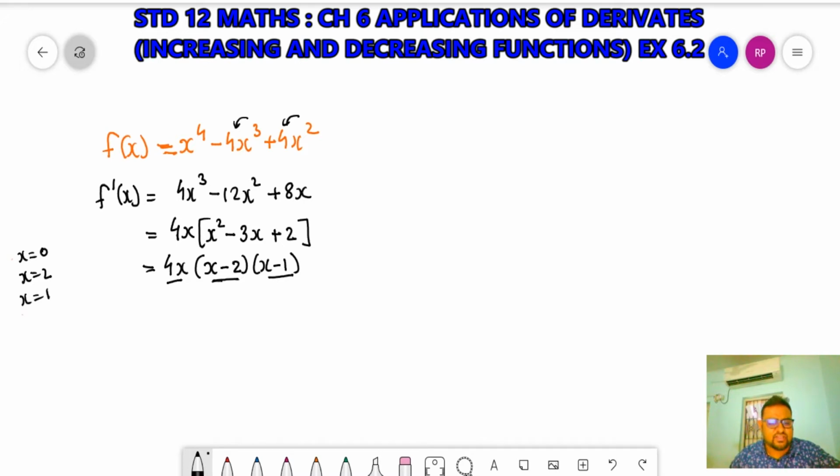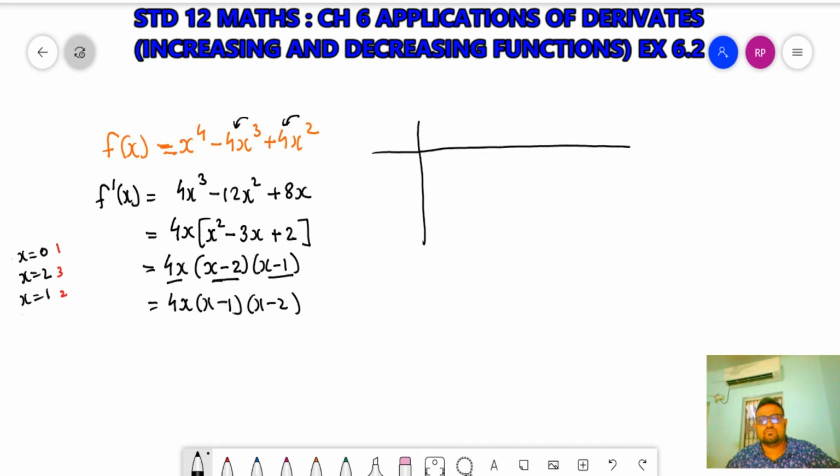So I will rearrange it. I will write first this, then second, and then this third one. So 4x, then the second one x minus 1, and third x minus 2. Okay, I will form a table: 4x, x minus 1, and x minus 2.